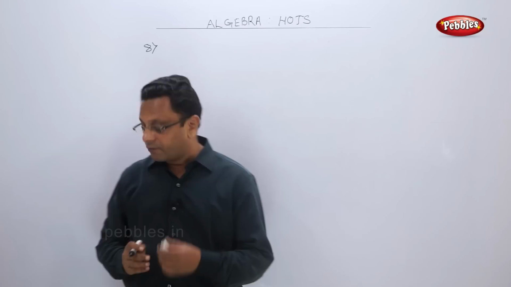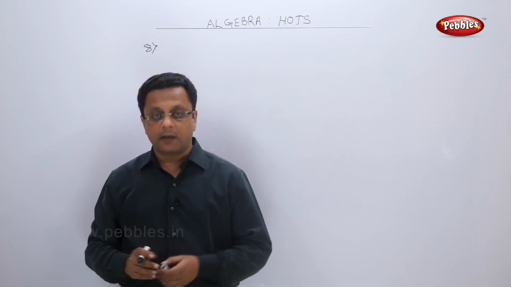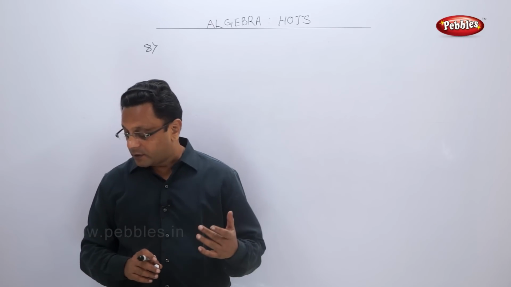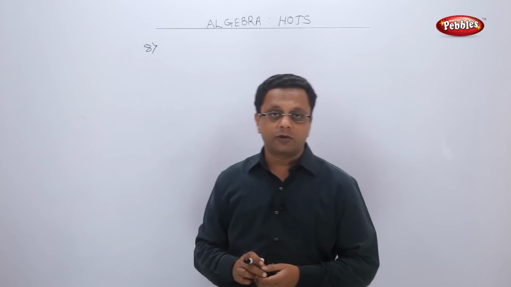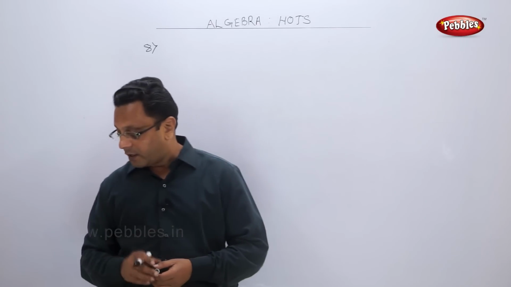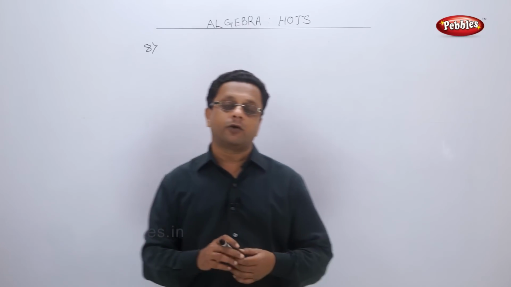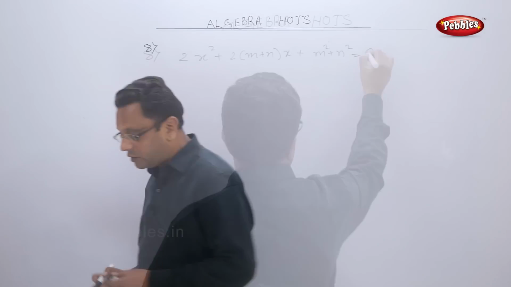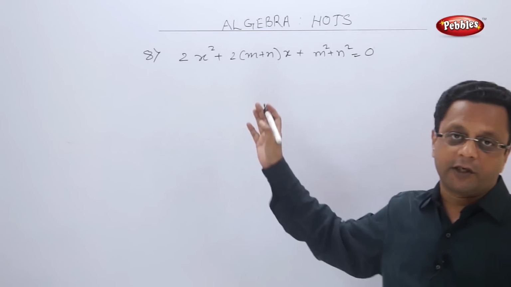Form the quadratic equation whose roots are the square of the sum of the roots and the square of the difference of the roots of this quadratic equation. The equation given is this quadratic equation.